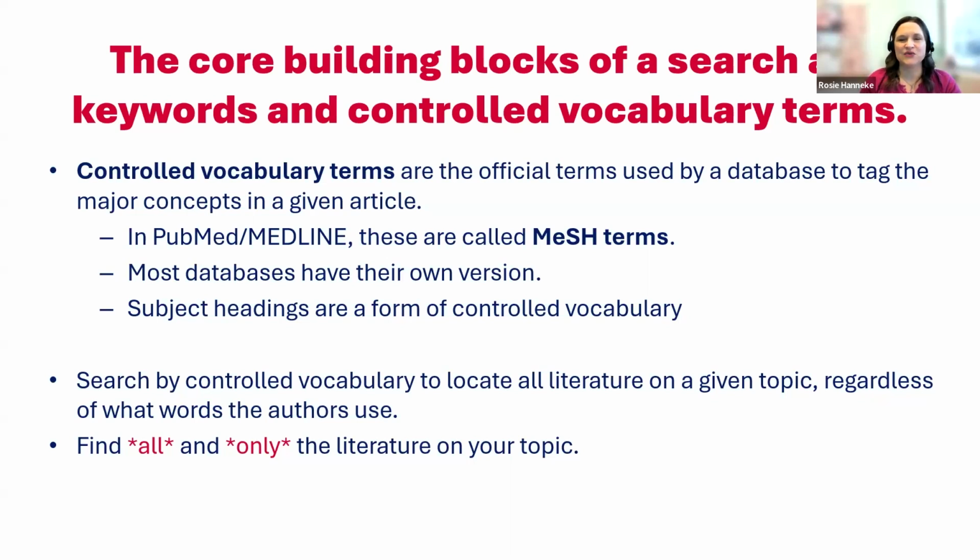You might hear us use the phrase subject headings, and this is another type of controlled vocabulary. So these are standardized terms that describe a certain topic. And remember, we're going to use these to make sure we're capturing all the literature on our topic, regardless of what vocabulary an author might have used in the title and abstract.